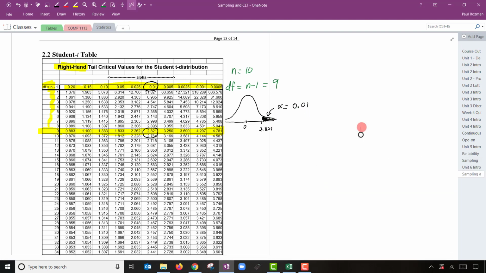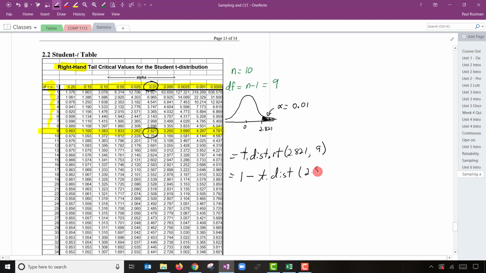So now that we can read that, if we're in Excel, we can use T.DIST.RT, and it'll give you the area to the right of 2.821. And you have to tell it how many degrees of freedom. There's also a T.DIST function, so we could get the same answer by going 1 minus T.DIST of 2.821.